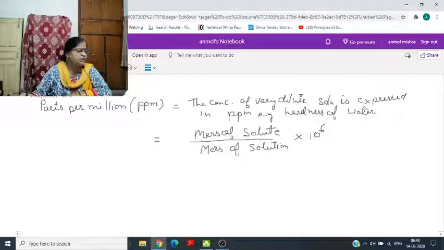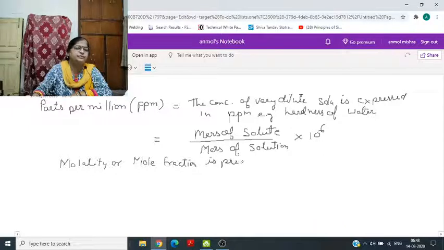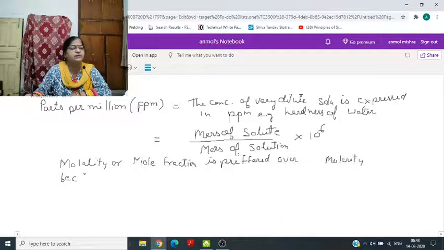Now molality or mole fraction is preferred over molarity because molarity changes with increase in temperature.